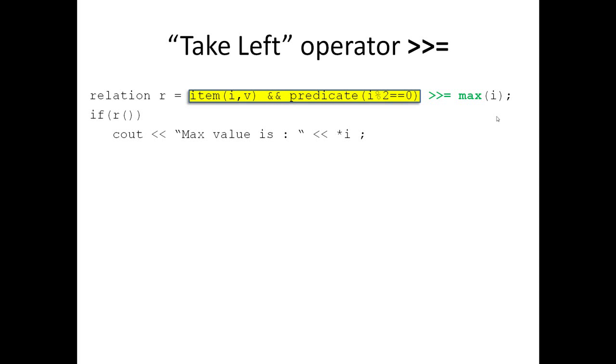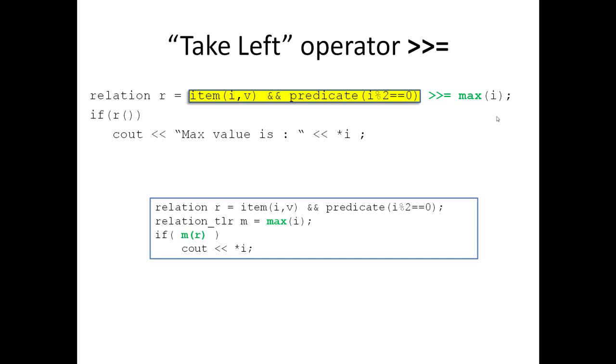Now it is possible to rewrite this entire expression without using the take left operator, and that will give us some insight into how the take left relations operate. Here we have R, which is actually the same relation which is to the left of the take left operator. So R generates all the even numbers in the vector, and M is just max of I, which is the right hand side of the take left operator.